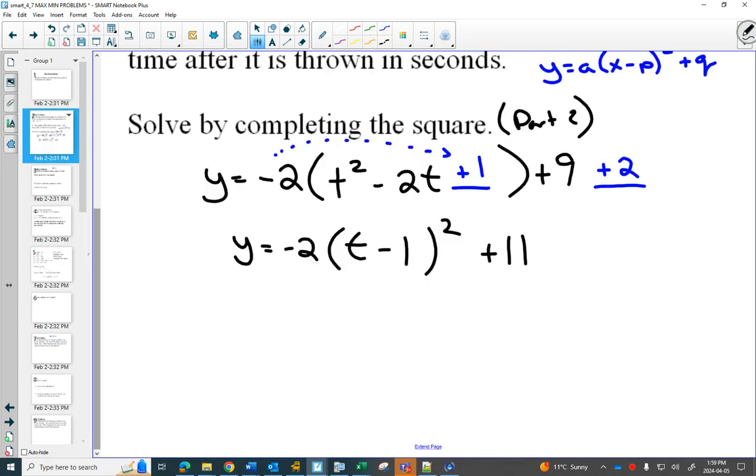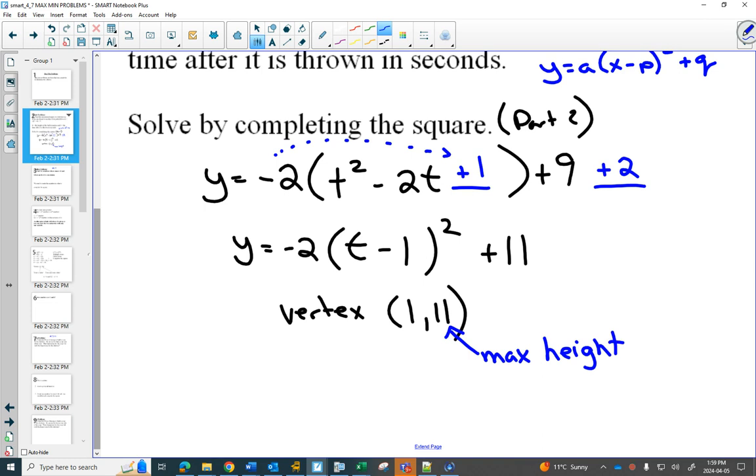So once you have changed to standard form, you know your vertex. And your vertex will tell you information about maximums or minimums. Do you see that this one has a maximum because it's going down?